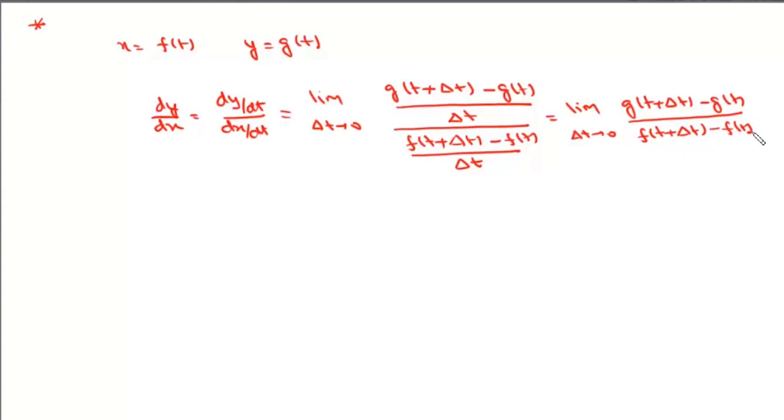Now we can check both left hand derivative and right hand derivative for t using delta t as 0 plus h and 0 minus h.